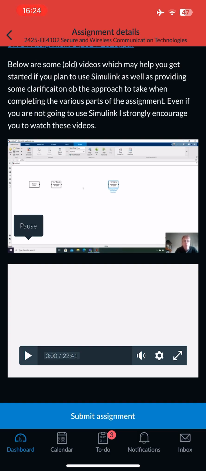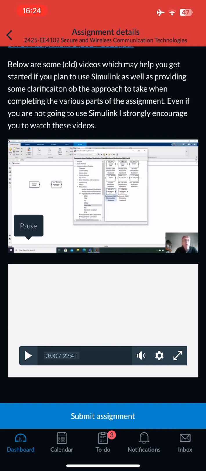As I said, there's a 4th component, and that is the component which will simulate the behavior of the communication channel. Okay, so whatever sits between the modulator and the demodulator. And we're going to stick with what we looked at in lectures. So we go to channels, and in this case we're going to be using the additive white Gaussian noise channel, just as we looked at in lecture.